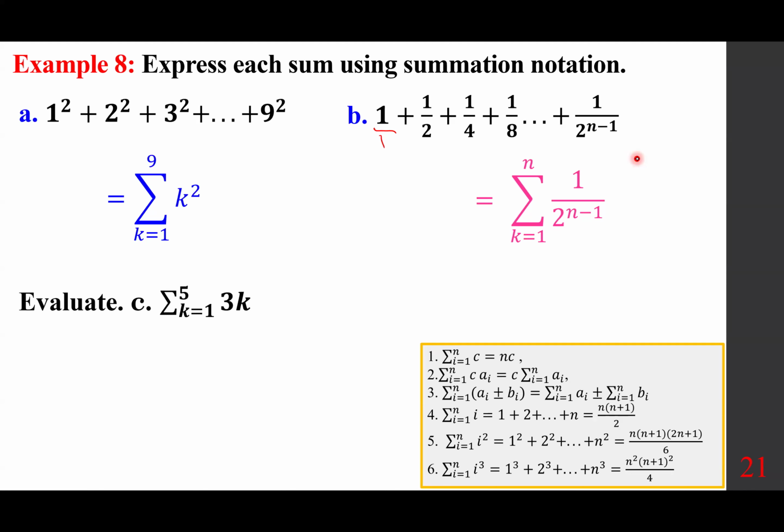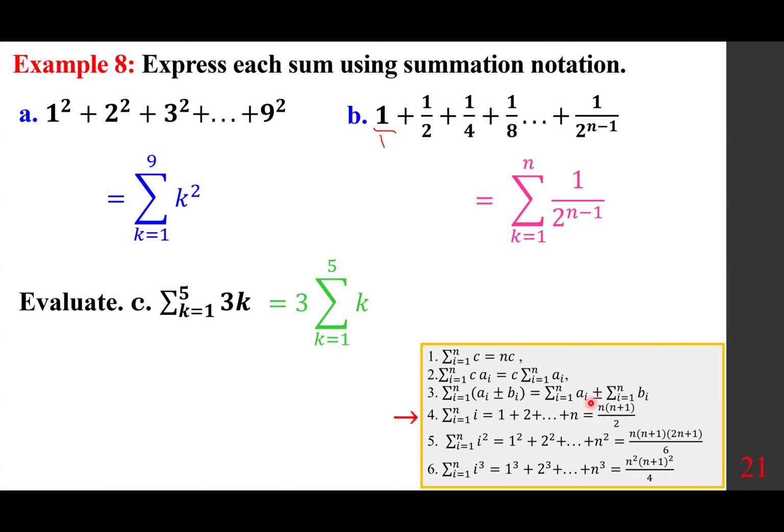What about this one? We want to evaluate it, k equals 1. So replace the k with 1. 3 times 1 plus 3 times 2, 3 times 3, all the way to this number 5. That's the concept. And you can do it by hand because 5 is small. But if we want to go with the general case, first we take the 3 out, and this one, everybody, uses this one.